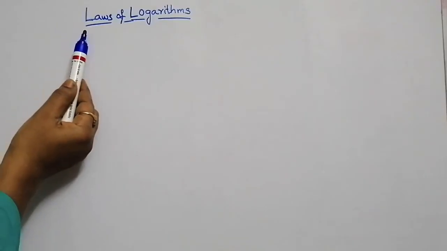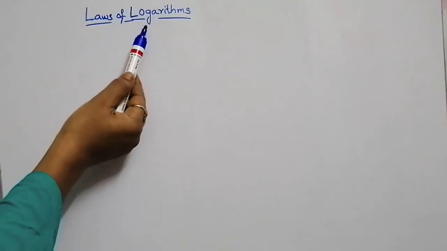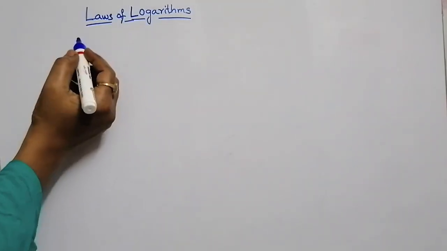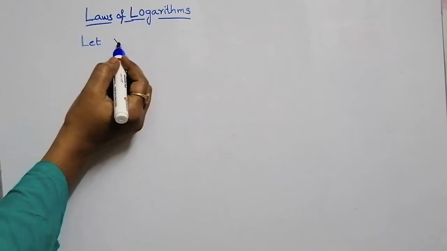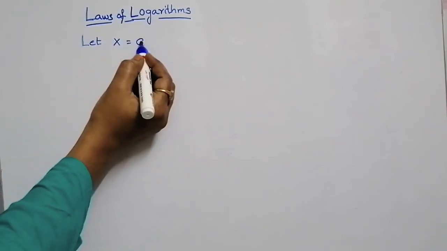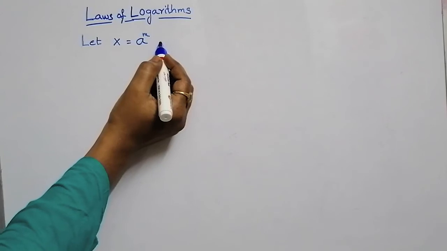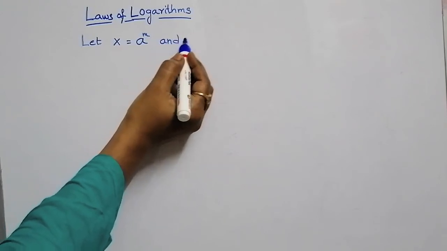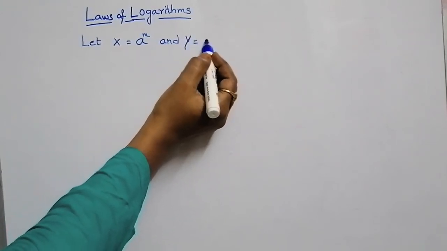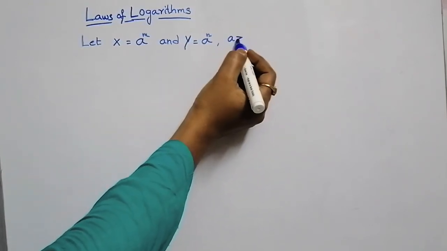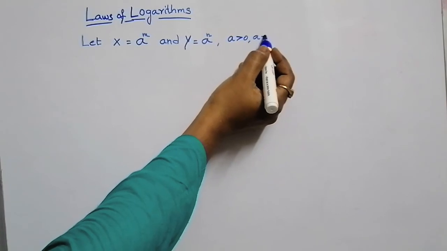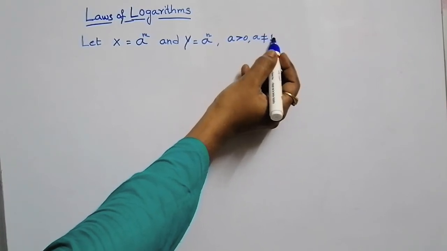Let us now derive some laws of logarithms. Let us take x is equal to a power m and y is equal to a power n, where a should be greater than 0 and a should not be equal to 1.